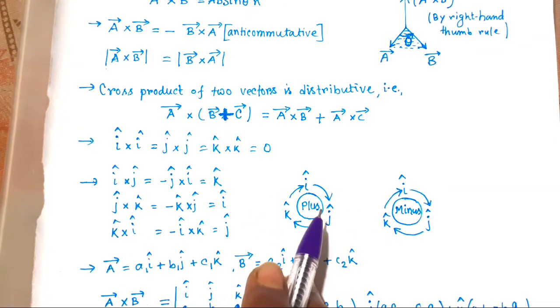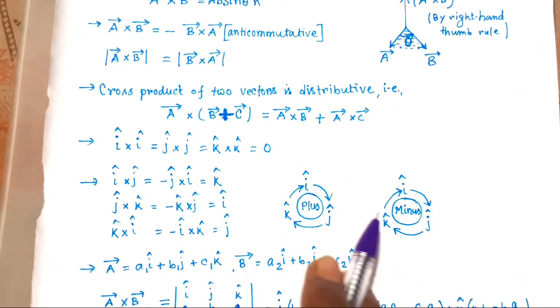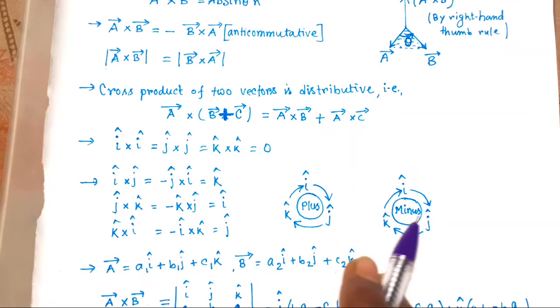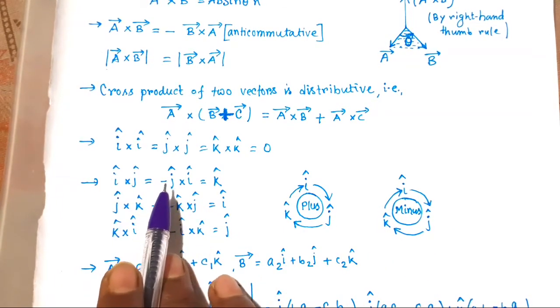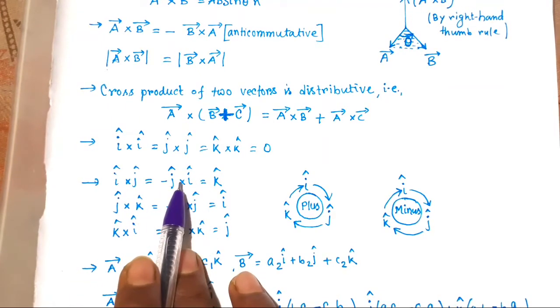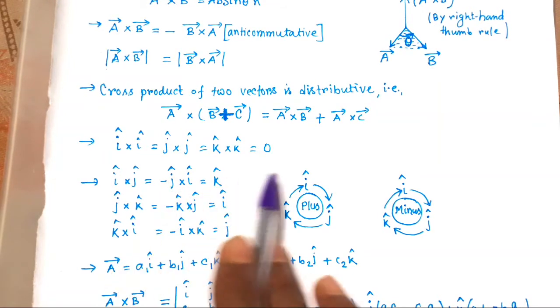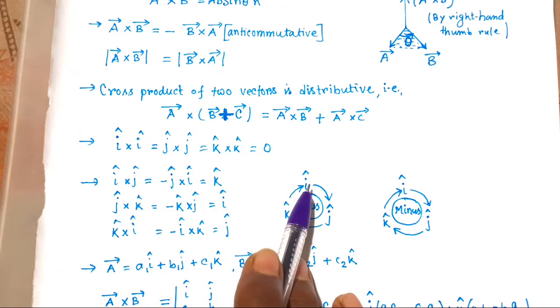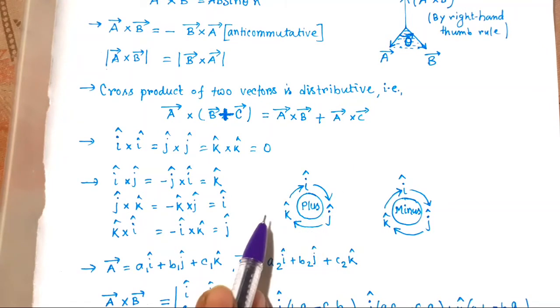This direction always gives a positive result, but if the direction is opposite then it will give negative. So i cross j equals minus j cross i because the direction has changed, and i cap cross j cap equals k cap. This cyclic direction will always give plus.